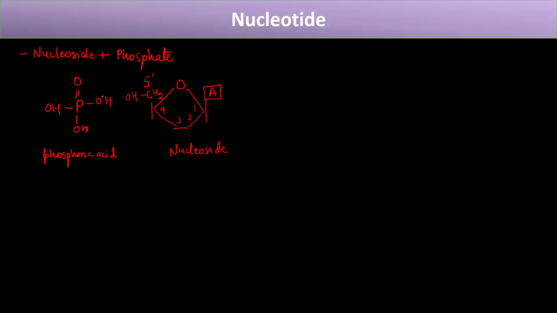Now the bond formation will take place between this H and this OH. This will release water, and the nucleotide that forms will be like this. This is the glycosidic bond that we know.